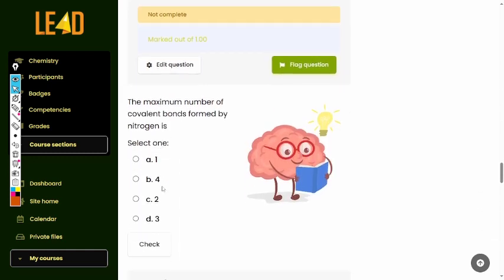57. The maximum number of covalent bonds formed by nitrogen is... Okay, so let's draw the Lewis structure of nitrogen to find out how many covalent bonds nitrogen would form. Nitrogen is in group 5. It has 5 valence electrons, 1, 2, 3, 4, and 5.